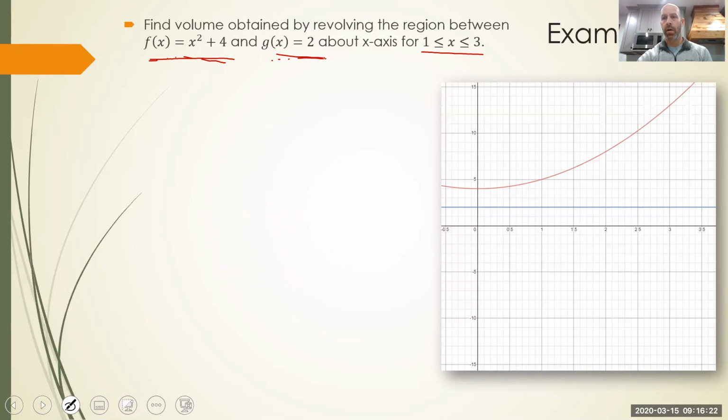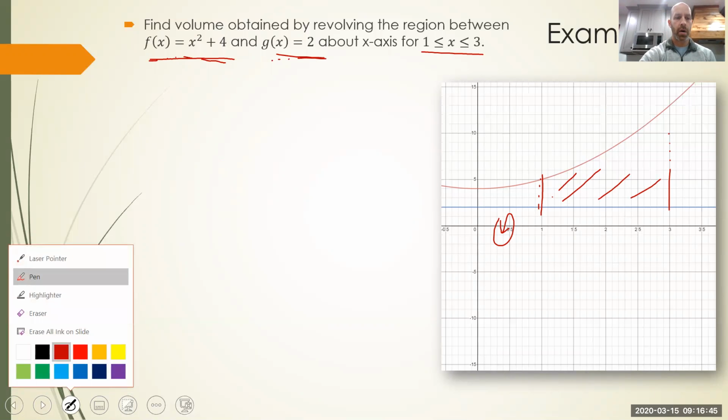And then the red curve, that's going to be our top curve. And we're going to go from 1 to 3 and rotate this around the x-axis. So this is the region that we're dealing with.